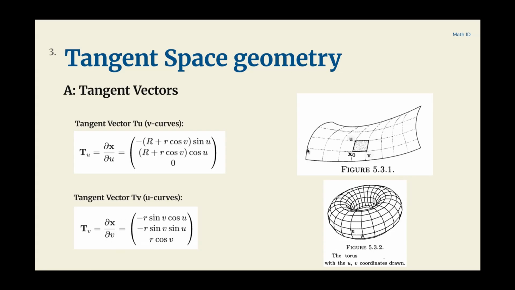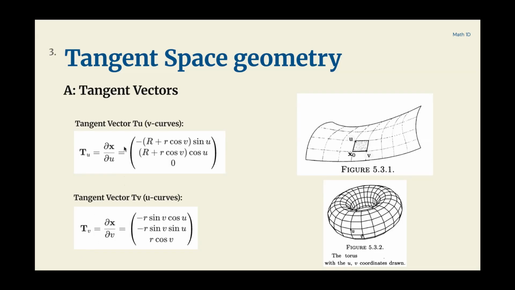So it will give us these two vectors that we're going to use a lot to help us find the tangent plane or the surface area and so on and so forth. This is very useful. We're going to use this Tu and Tv a lot.